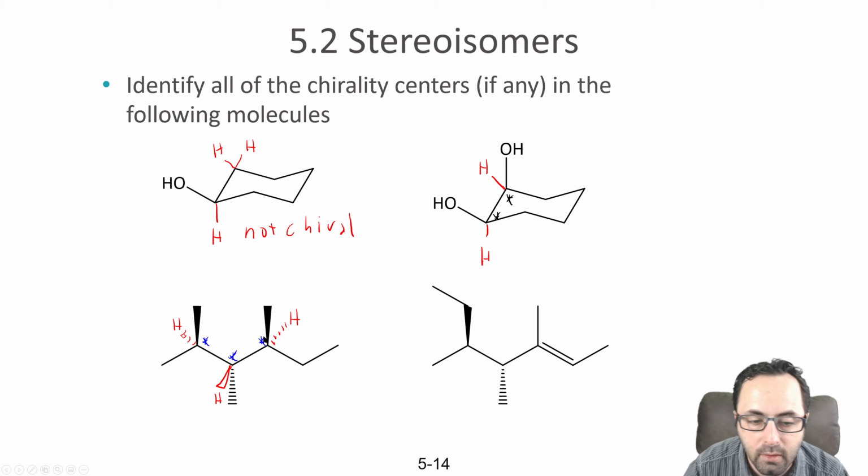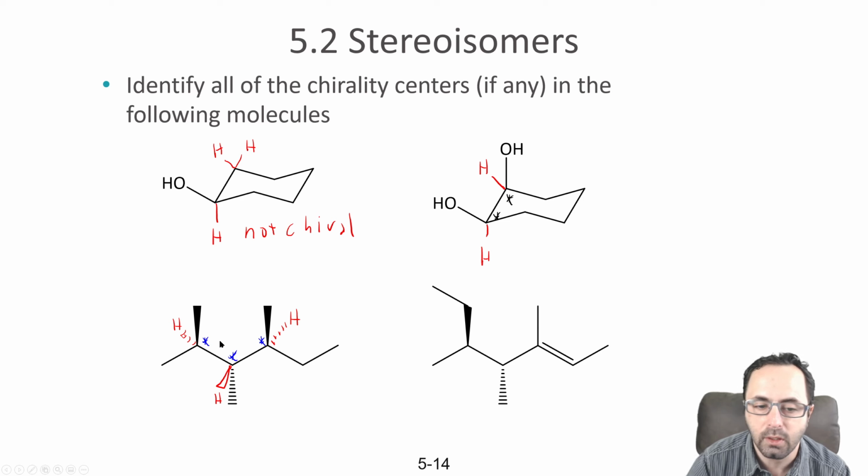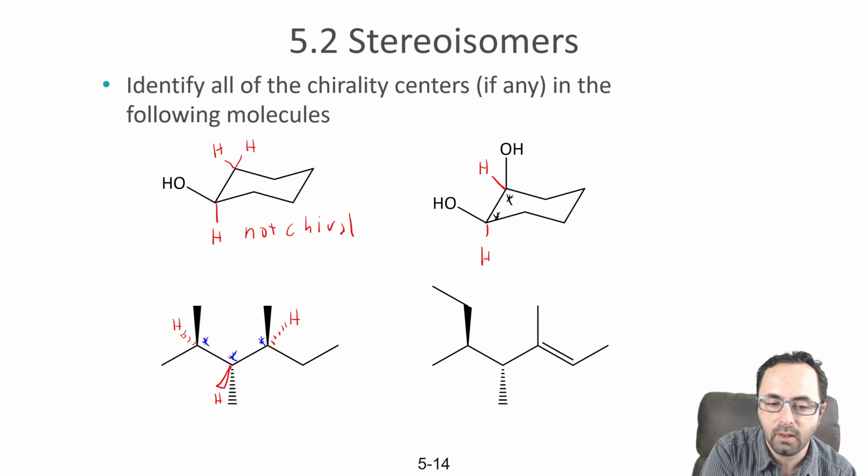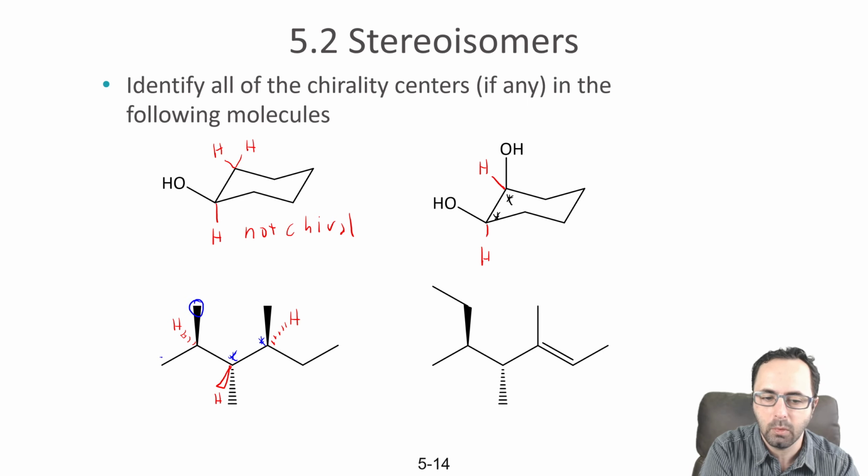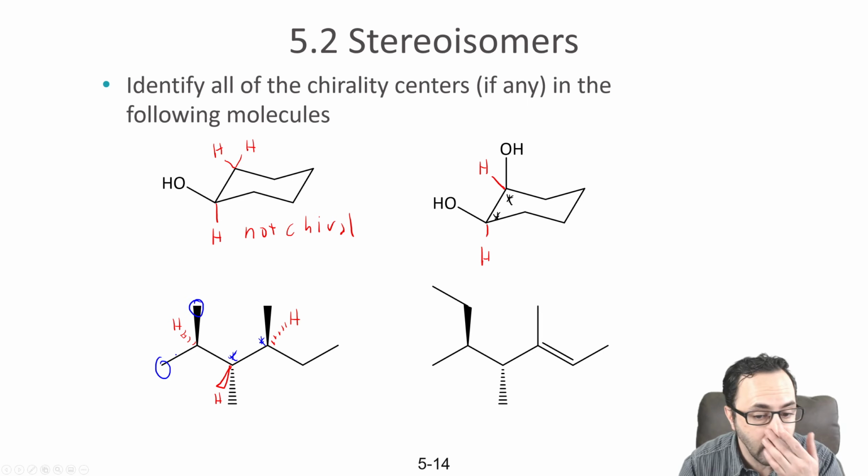And this is because if you go in one direction, yeah, it's carbon, same as here, here, or here. Actually, let me correct myself here. This carbon here is not chiral. I just noticed. Why is that? Well, it's because this group right here, this methyl, is the same as this one. So this carbon, in fact, does not have 4 different groups attached.